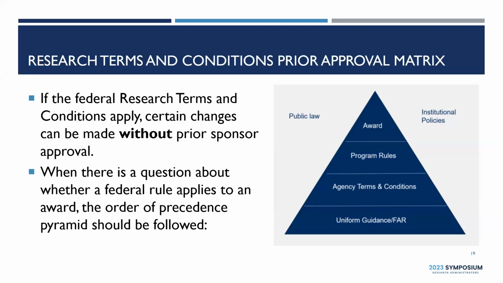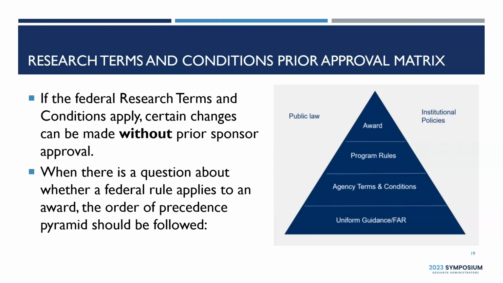An agency might have special terms and conditions on top of that, like NSF's prohibition on cost share or the NIH salary cap. On top of that, you've got the program itself. If you have an NIH K award, which is a career award, there might be PI effort requirements. Then you've got the actual award, which has its own terms and conditions that take precedence over everything else.